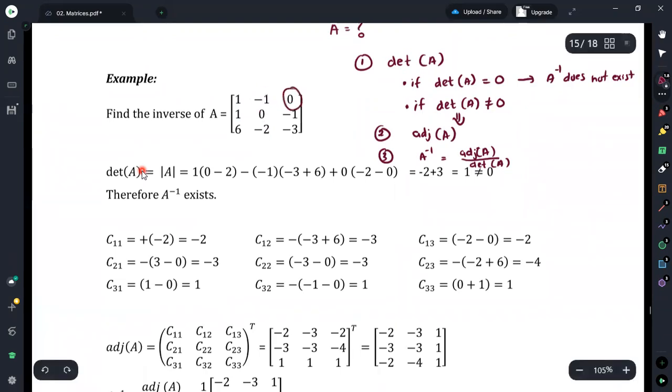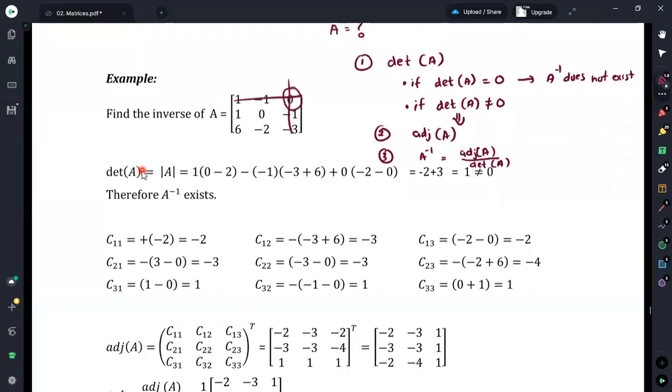The third value is connected with plus, and it gets 0 times the determinant, then it would be 1 times minus 2, then minus 0. Therefore, the latter term becomes 0. Therefore, we'll get the addition of the first two terms, minus 2 and plus 3. It gives the value as 1.